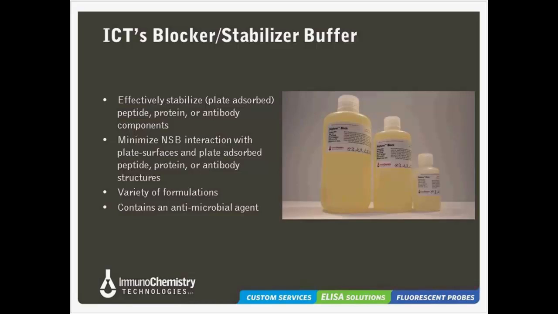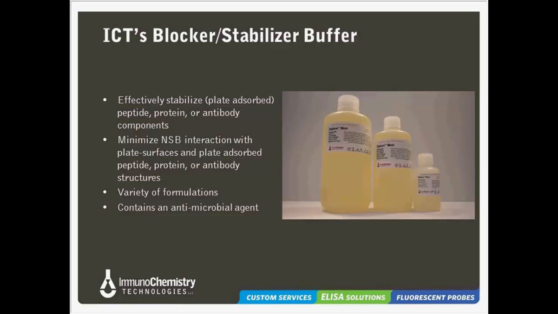Now, the secondary objective to blocking the plate is to preserve the integrity of your antibody or your antigen. And it's very important that when you dry those plates down, they still resemble what you started out with. If you have a coated antibody on there, it still acts like an antibody when you rehydrate the plate again.